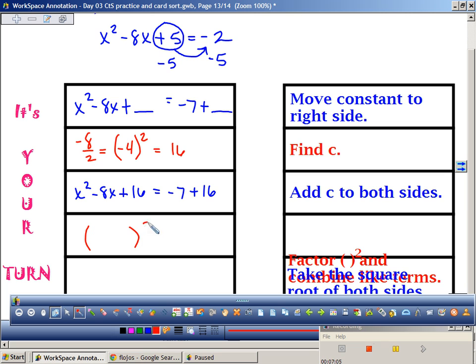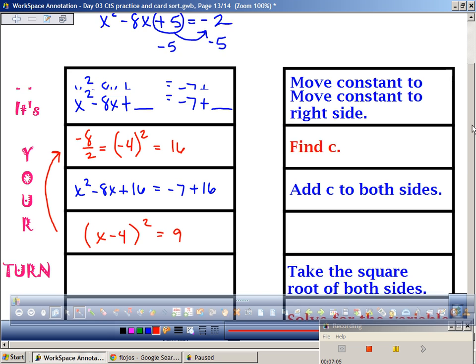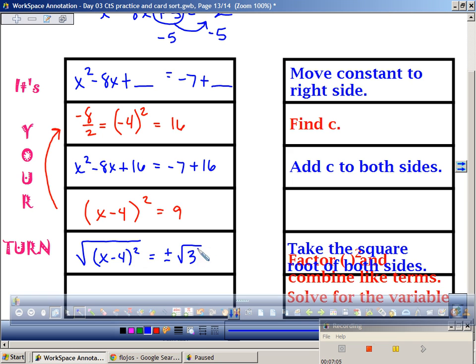Next, we factor. And the factors should match what? Should match the second step. So it should be x minus 4 squared. Negative 7 plus 16 is 9. Take the square root. The square root of x minus 4 squared equals plus or minus the square root of 3 squared.